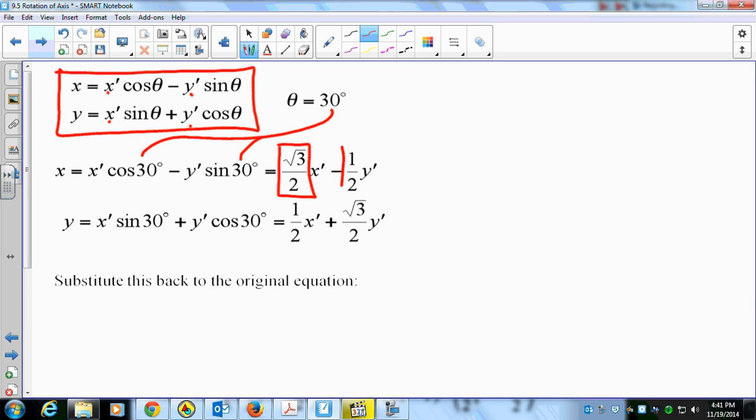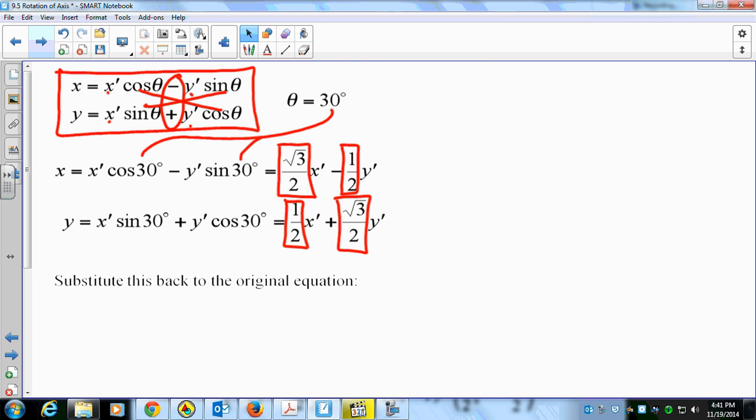Sine of 30 degrees is 1/2. Same thing over here: sine is 1/2, cosine is square root of 3 over 2. Notice our cosines switch sides here, and sines switch sides, and our signs are different there for our x and y.